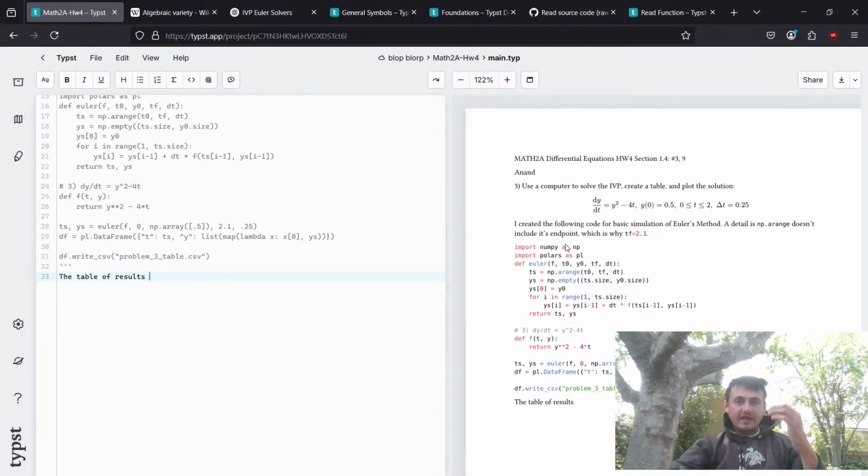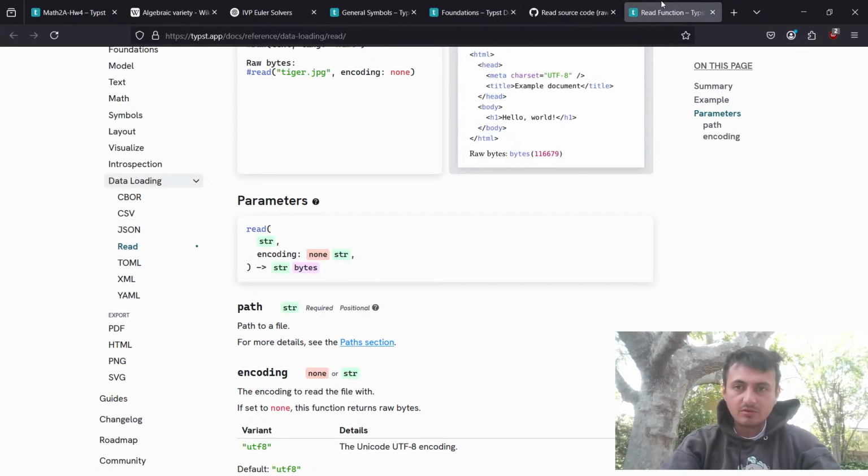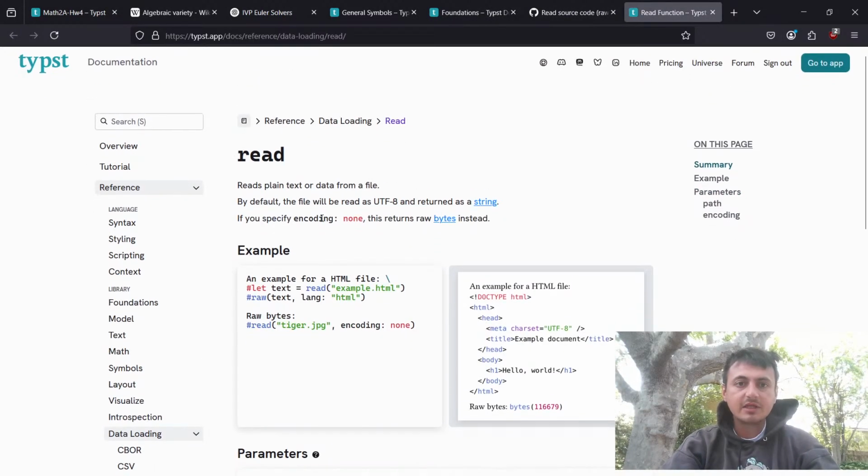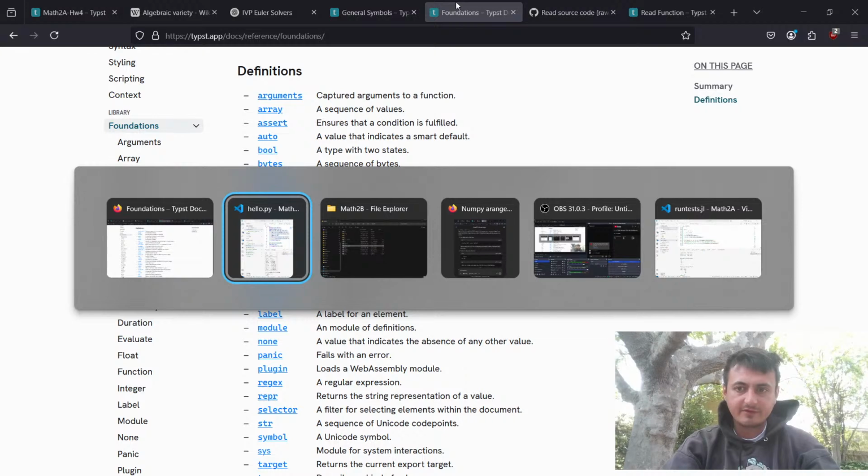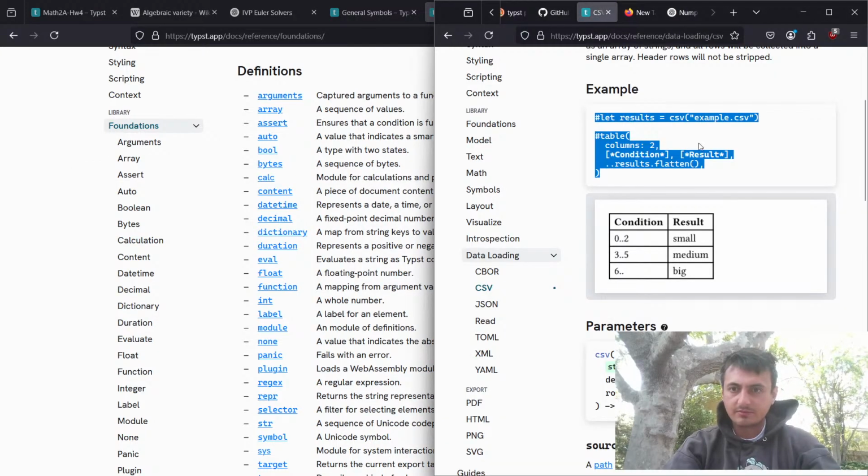Okay, so now let's do that thing with the table. Table, table, table. Where is it? Where did I find that? Okay.